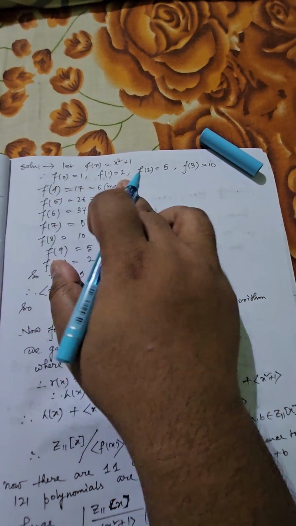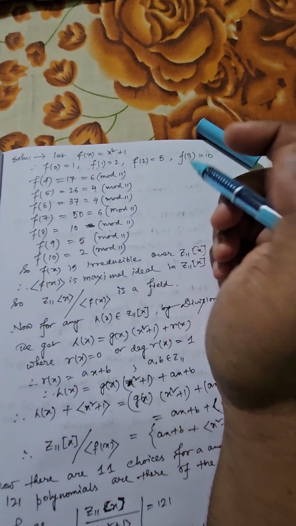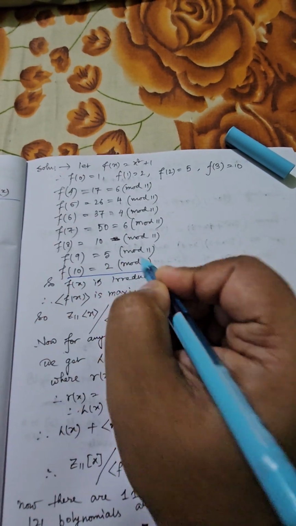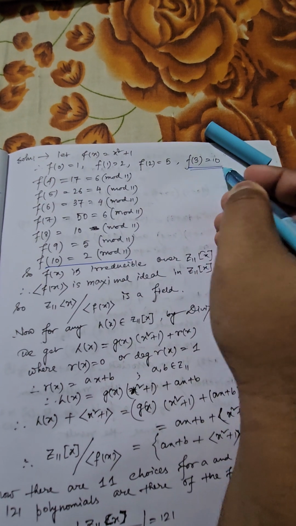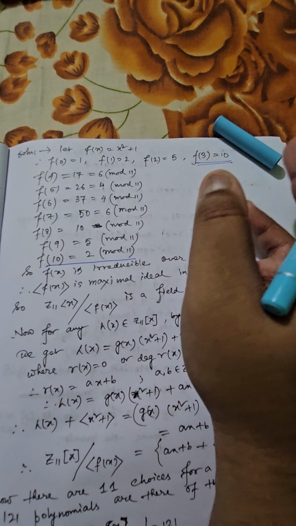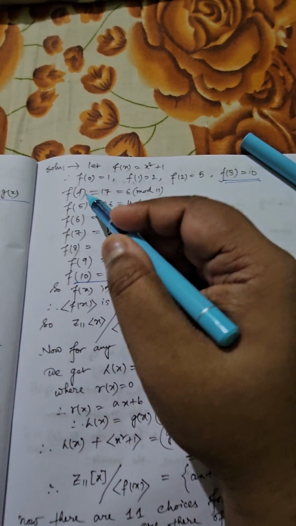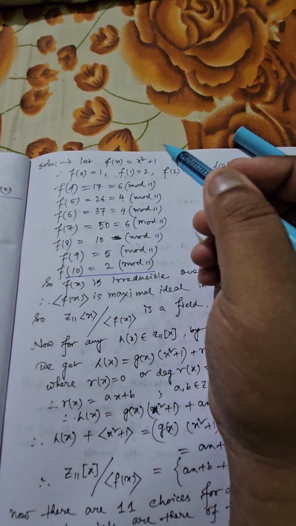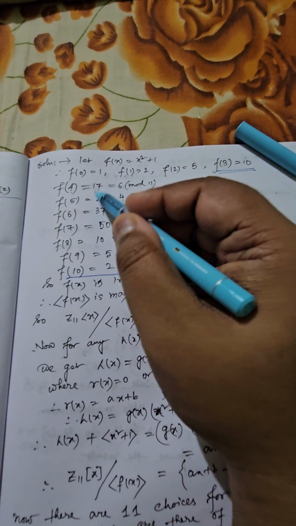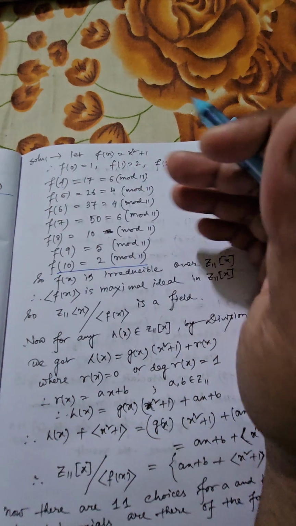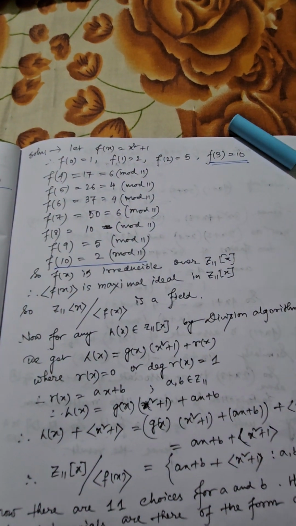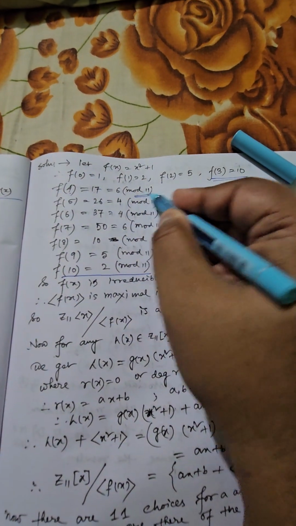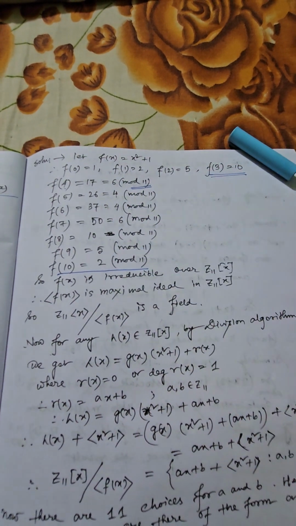So you can see here I have calculated f(0), f(1), f(2), etc. up to f(10). Up to f(3) the value is 10, so there is no use of modulo. But after f(3), whenever you calculate f(4), f(5), etc., once you get any value higher than 10, that is, equal to 11 or more, then you have to implement modulo 11 so that the value is reduced.